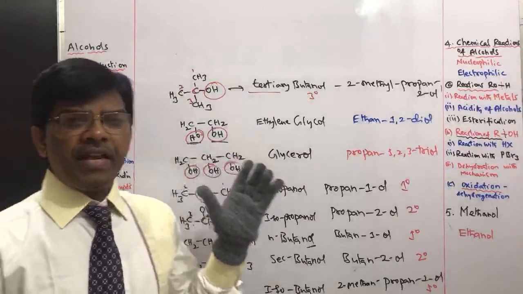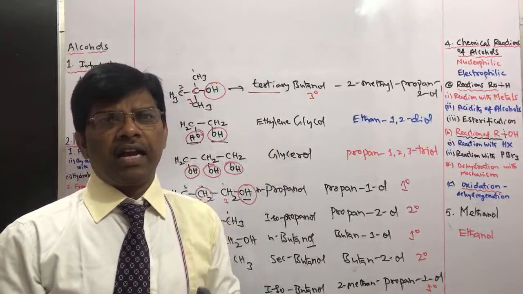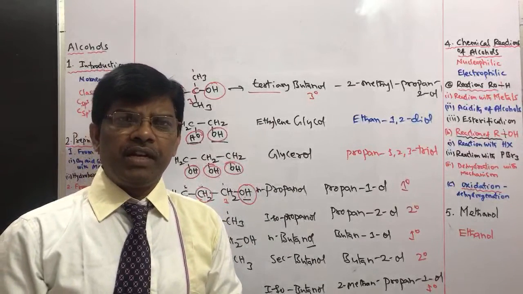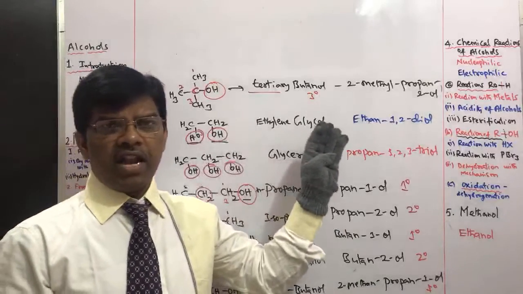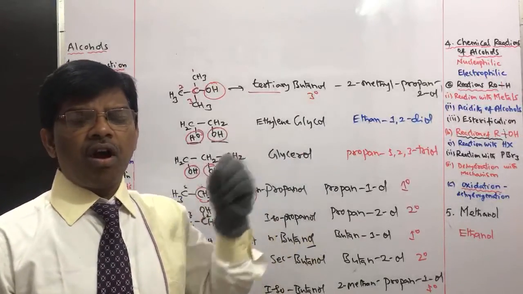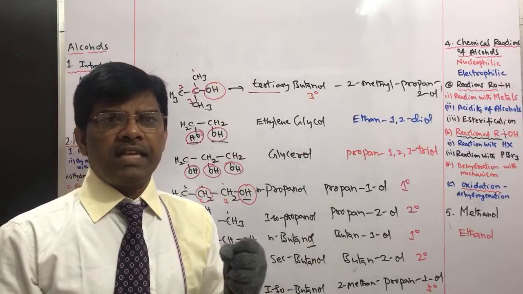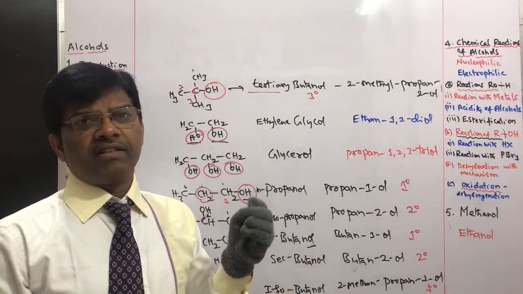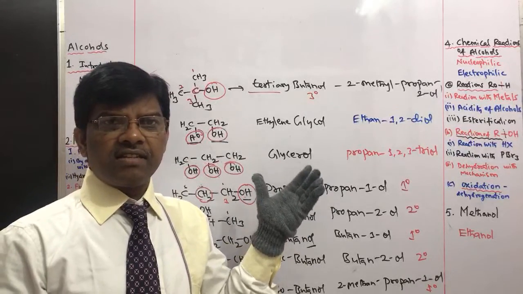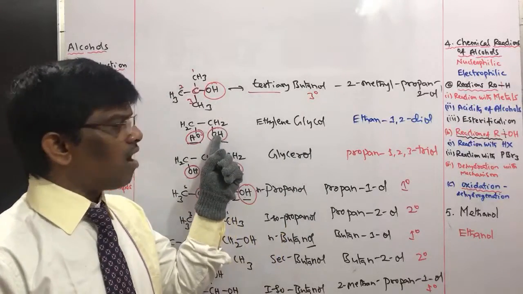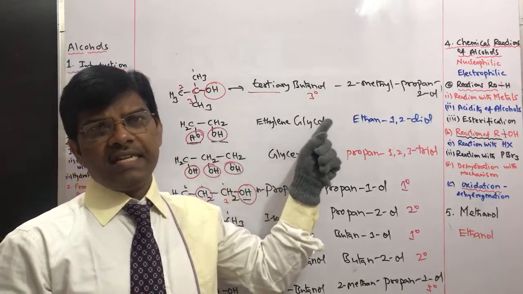So these alcohols are very important in organic chemistry with respect to their utility and their medicinal value. Yes, students. The common compounds we come across are detergents. Esters of acids with these alcohols are used as detergents.